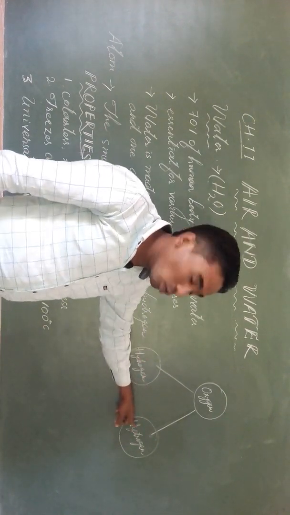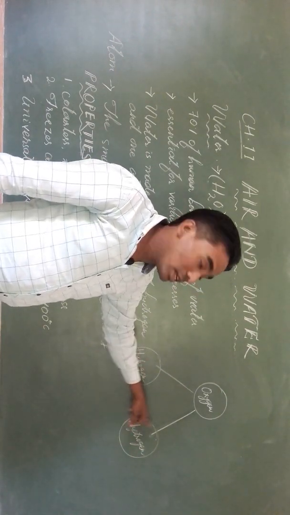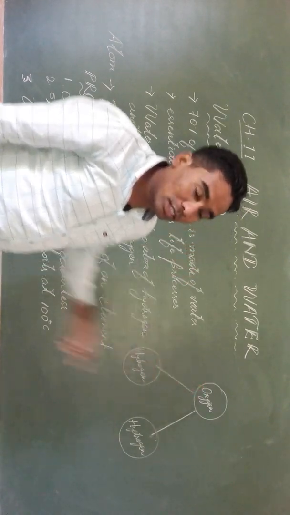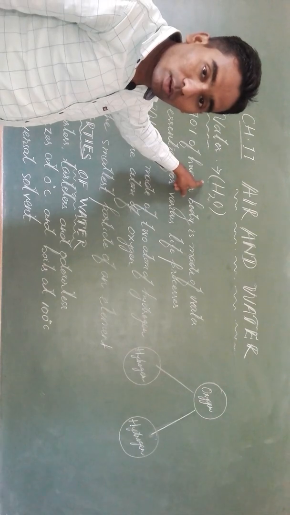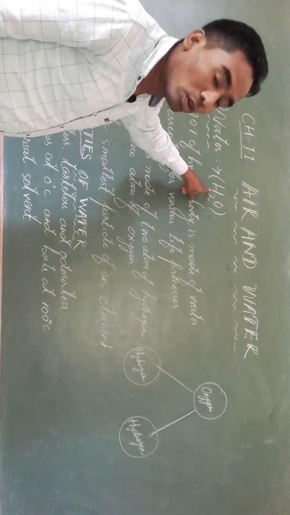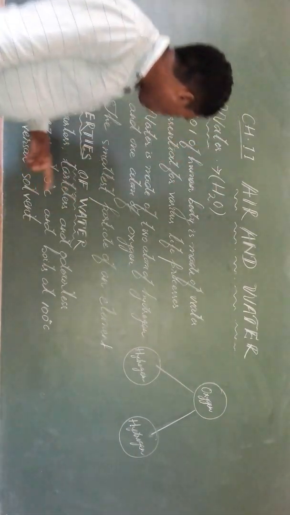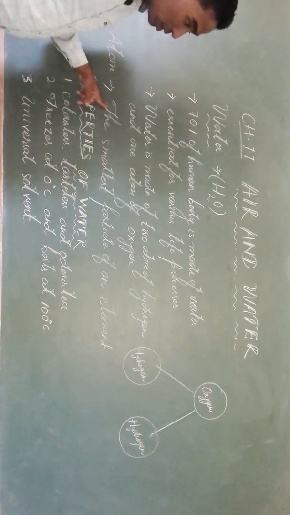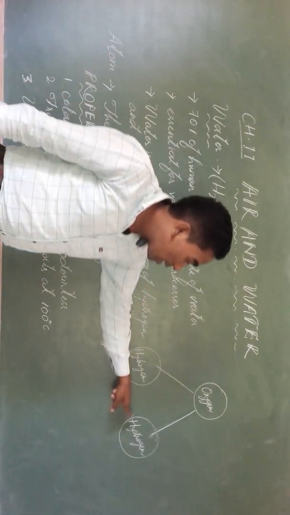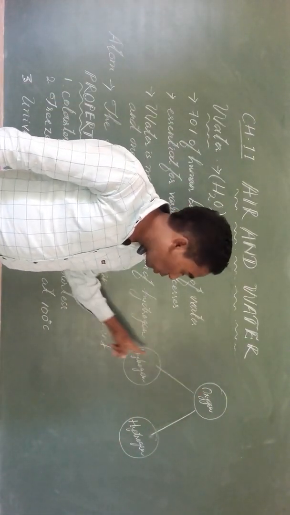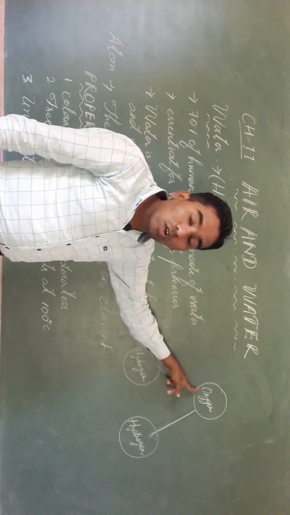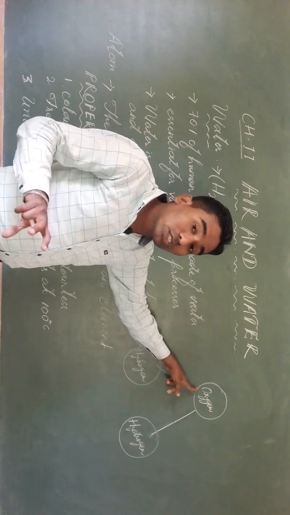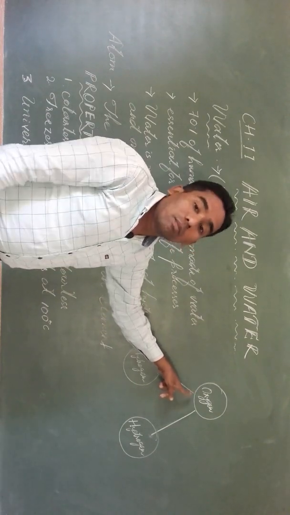So, H2, two atoms of hydrogen and one atom of oxygen combine to form the water molecule, that is H2O. So, dear children, what do you mean by atom? I have already told hydrogen atom and oxygen atom, two atoms of hydrogen plus one atom of oxygen combine to form the water molecule.